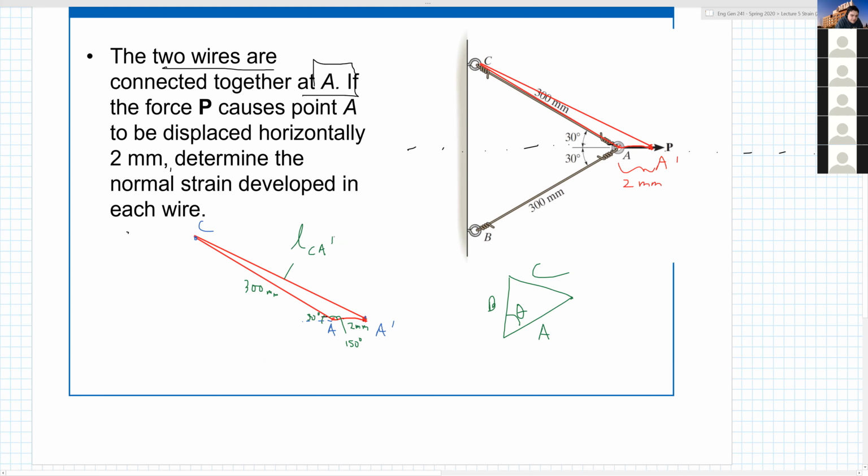Because when we find the strain along the cable, in general, it's equal to final minus initial over the initial. So that requires us to find the final length of the cable.